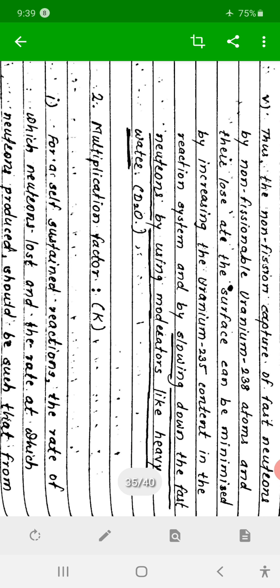Therefore, the nuclear reaction can be sustained by increasing the fissionable material concentration, that is, the uranium-235 content in the reaction system.